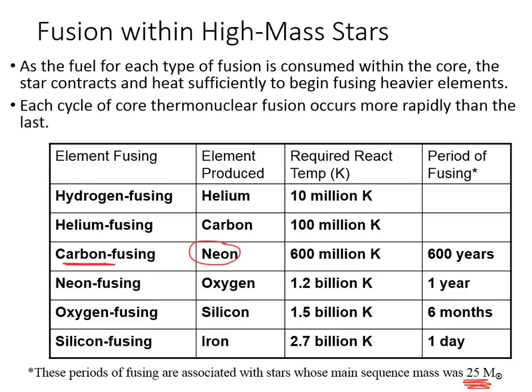How long will it do that? For 600 years. When it begins fusing neon, neon primarily makes oxygen for a year. When it begins fusing oxygen in the core, that will make silicon. How long will that last? 6 months. When it begins fusing silicon, the main product is iron. And how long will that happen? 1 day. So you're like, wouldn't you like to see the countdown there?